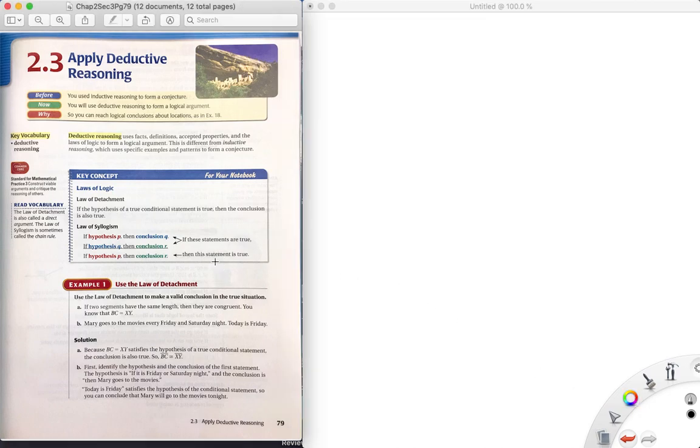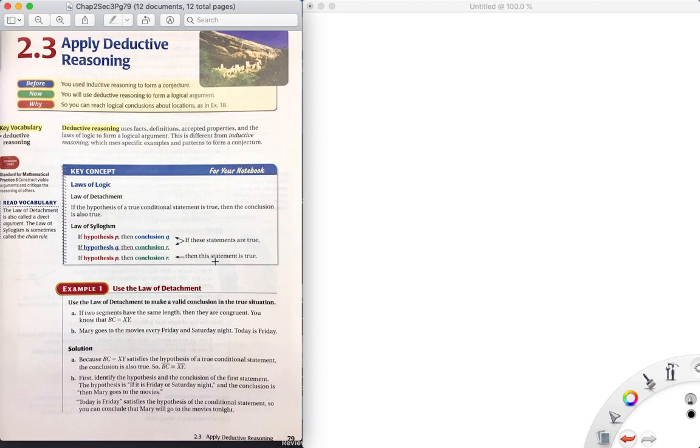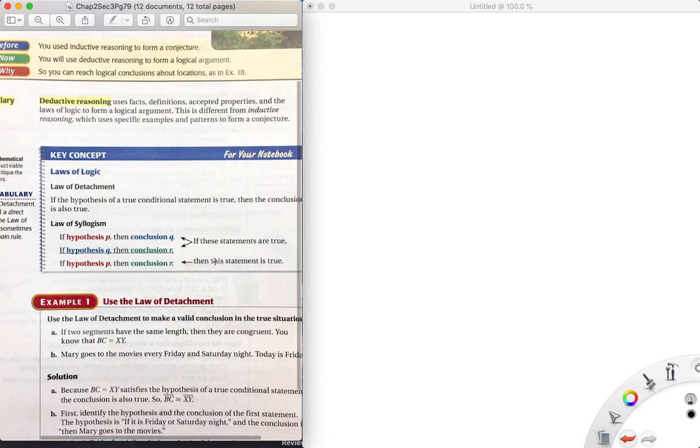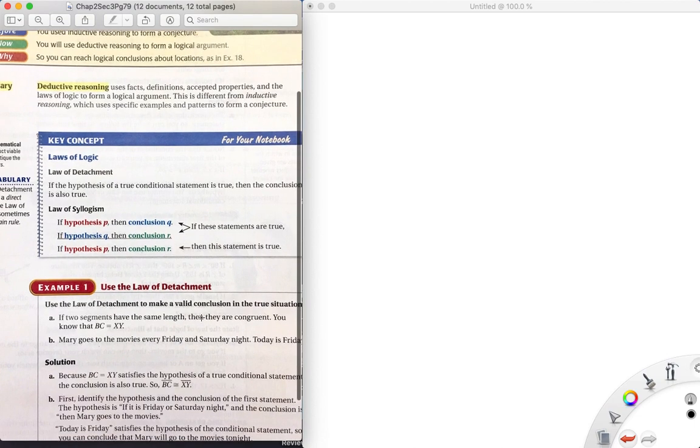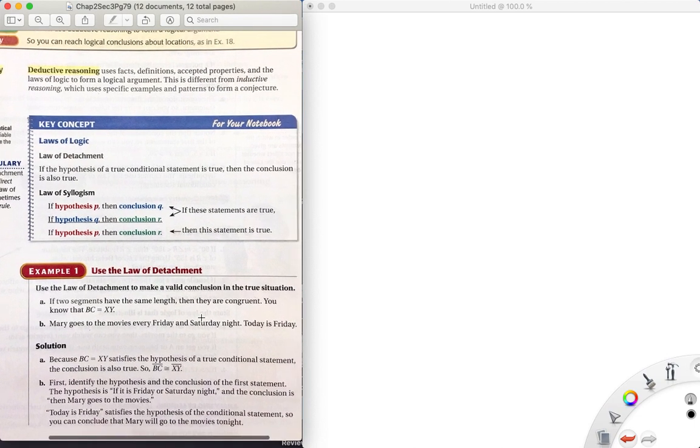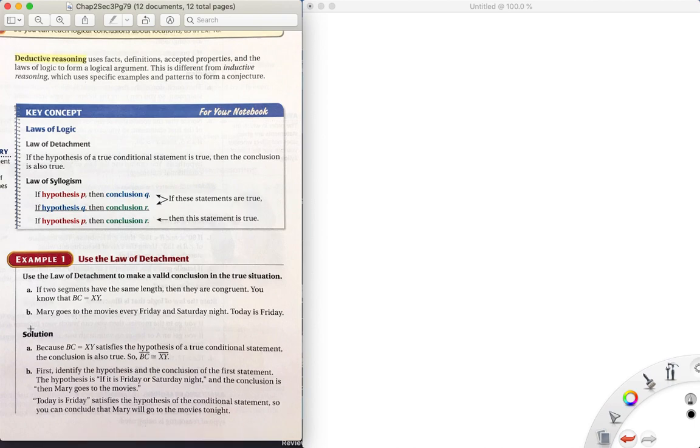Okay, so an example of the law of detachment, they give us two. Here they say, if two segments have the same length, then they are congruent. You know that BC is equal to XY. Here's my conditional.